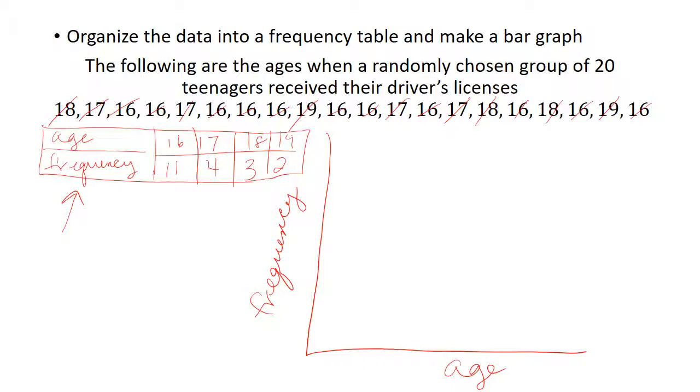Alright, so we're going to have a bar at 16, a bar at 17, a bar at 18, and a bar at 19. Now, our frequency is going to start out at 0, but it would probably work pretty well to just go by 2s.